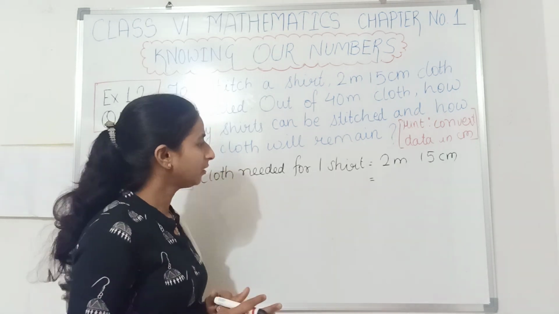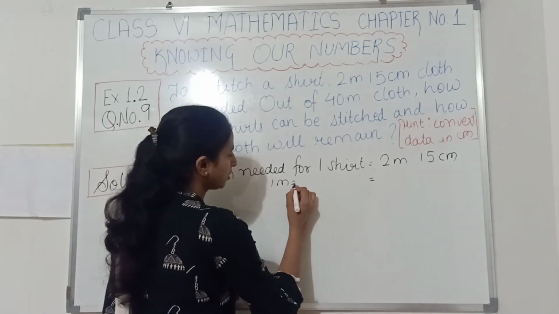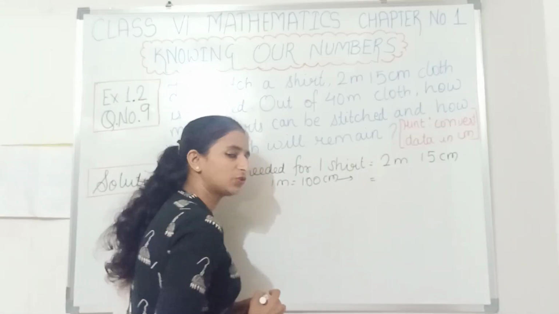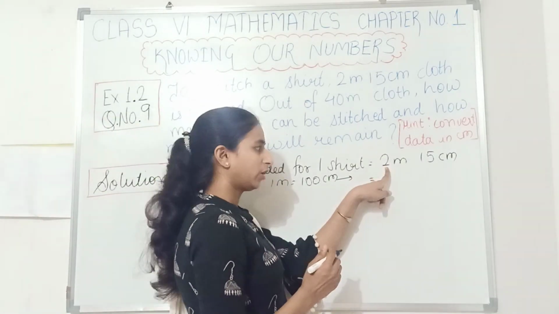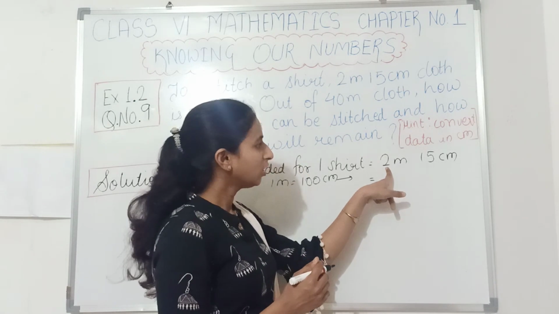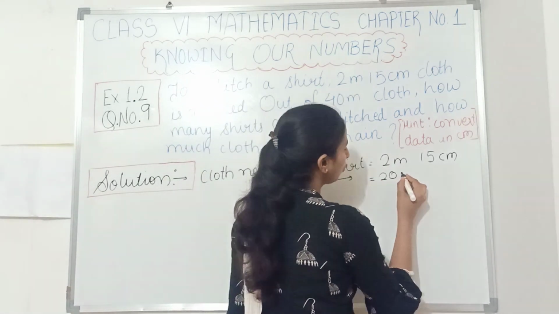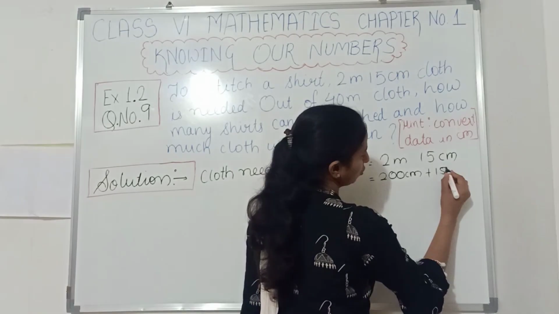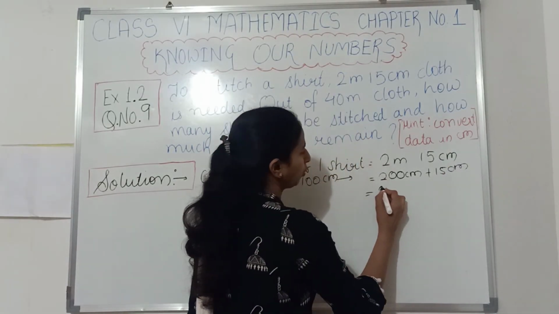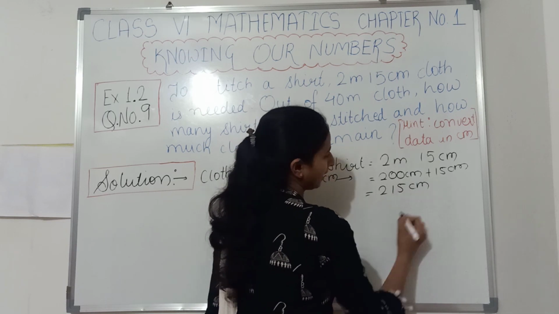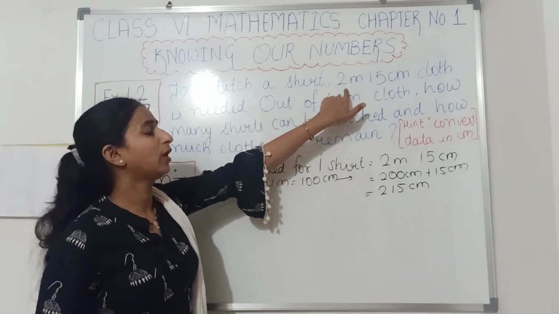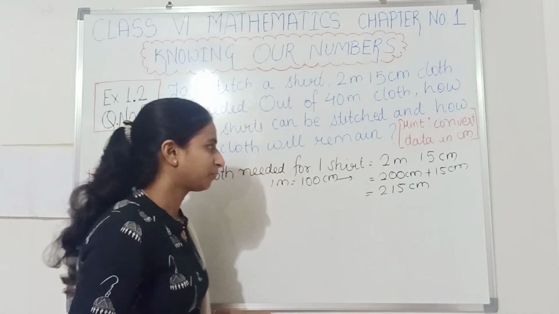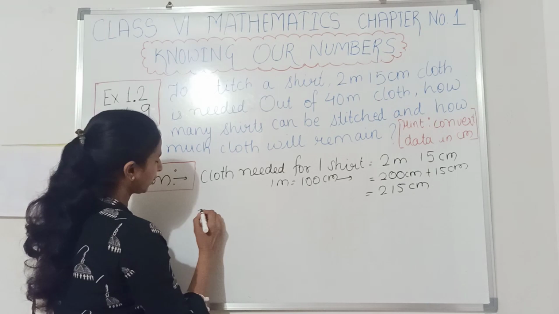So what was that? 1 meter is equal to 100 centimeter. The same operation will apply here. So see here, instead of 1 meter we have 2 meter. So 2 meter will be equal to 200 centimeter. Here I have an extra 15 centimeter, so I'll add this 15 centimeter. Total will be 215 centimeter. So if I convert this value into centimeter, it is 215.